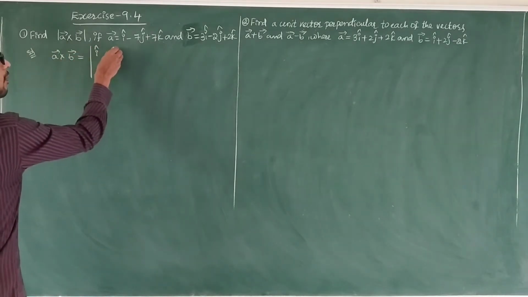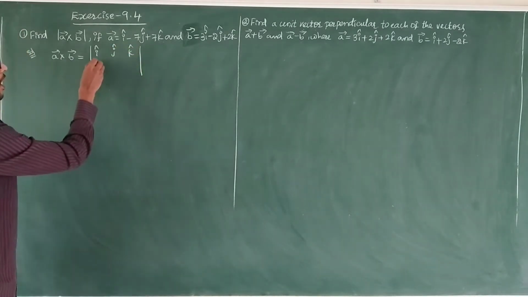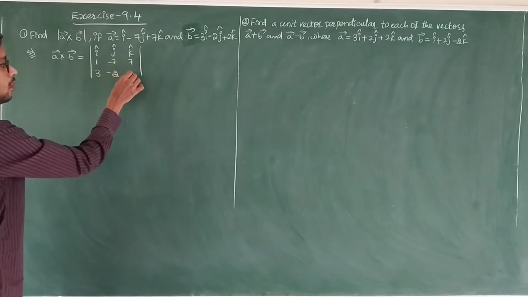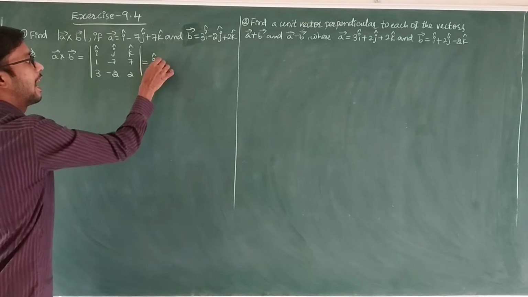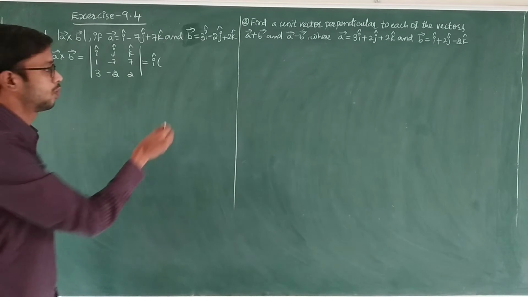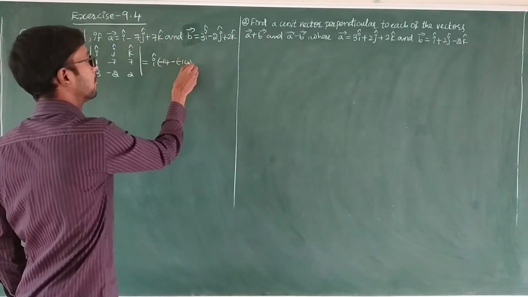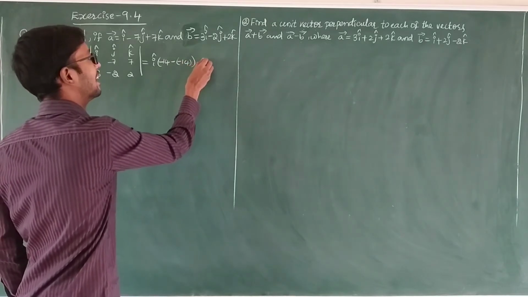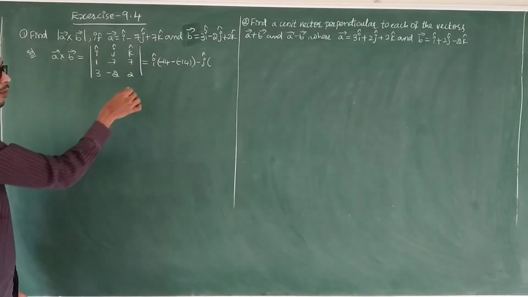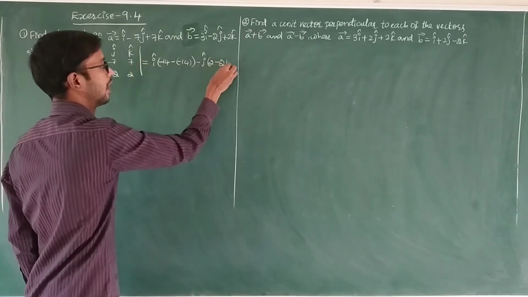For that purpose, determinant method: I cap, J cap, K cap, coefficients 1, minus 7, 7, and 3, minus 2, 2. I cap into cross multiply: minus 7 into 2 is minus 14, minus again minus 14. Minus J cap into first row second column removed: 2 into 1 is 2, minus 7 into 3 is 21.